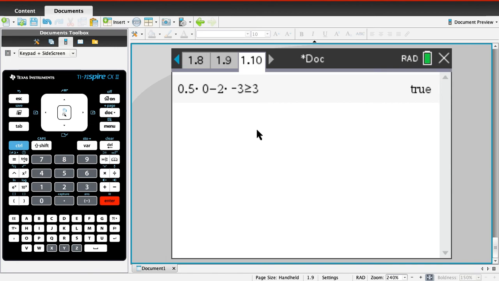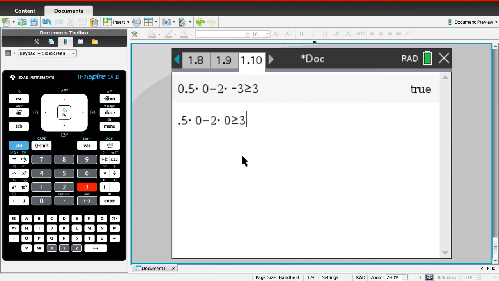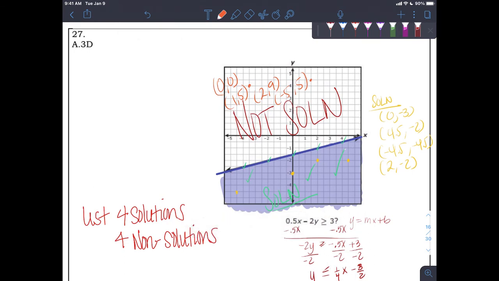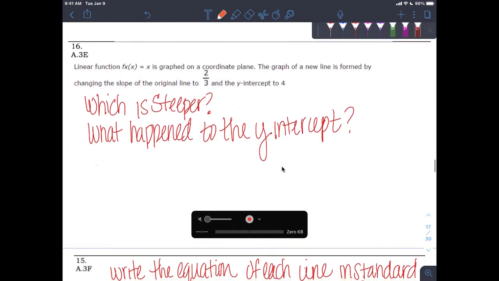So let me try one more. (0, 0). So 0.5 times 0 minus 2 times 0 should be greater than or equal to positive 3. That's false. That is not a solution. Okay, so that's another way to verify whether or not something is a solution in case you get a little bit mixed up doing this part down here. All right, let's continue forth.